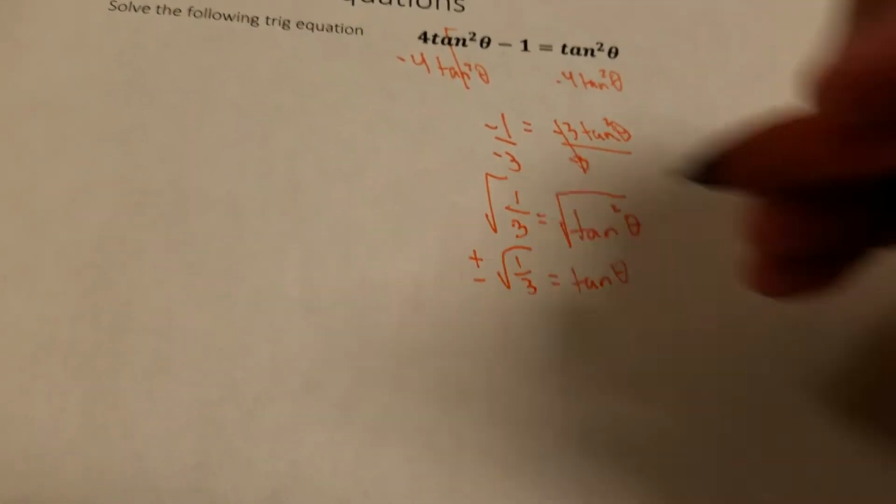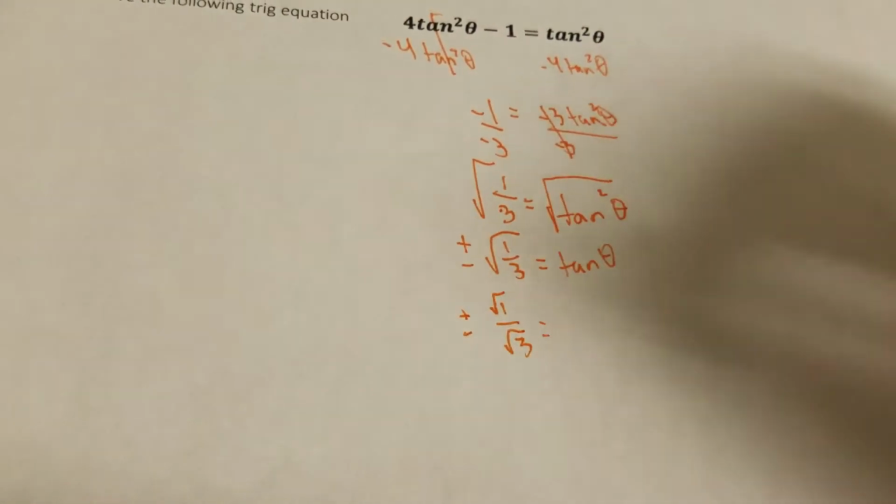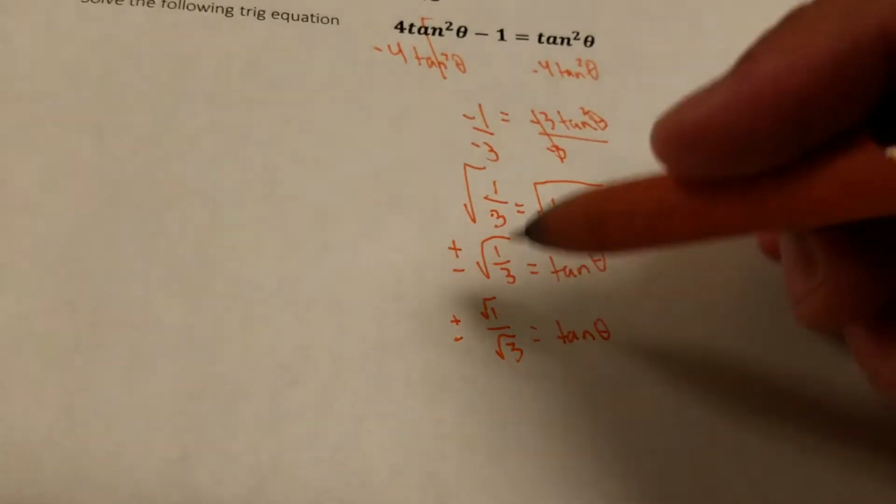And at this point, guys, I'm going to go ahead and split this up. I can say this is square root of 1 divided by square root of 3 equals tangent. And I know square root of 1 is just 1.